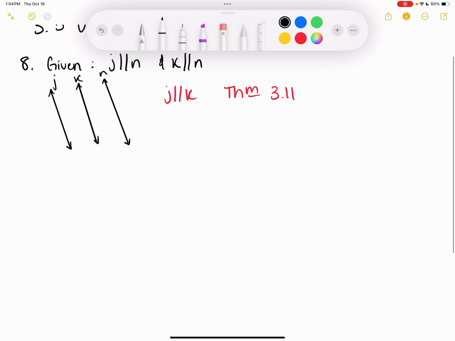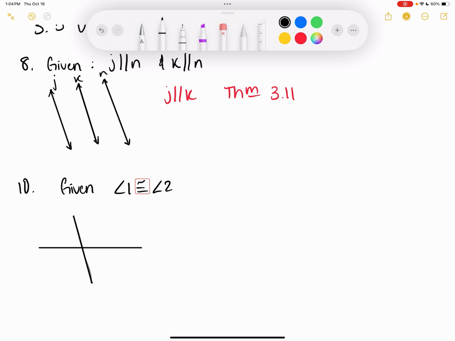Number 10. We're given that angle 1 is congruent to angle 2, and we've got lines and we have the angles there that we're given.